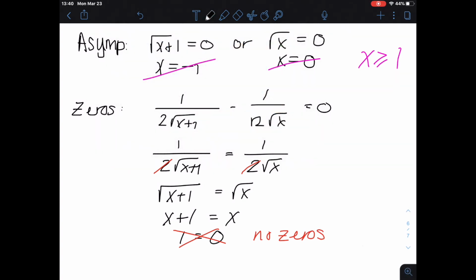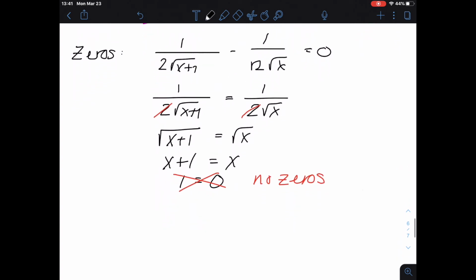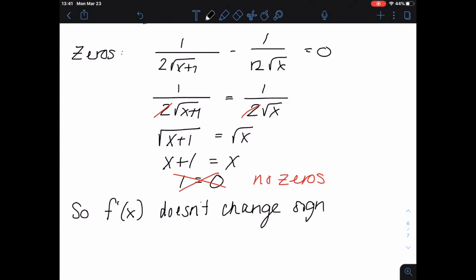So I don't have any important points that this could happen at. So its derivative, f prime of x, doesn't change sign on this infinite interval 1 to infinity.